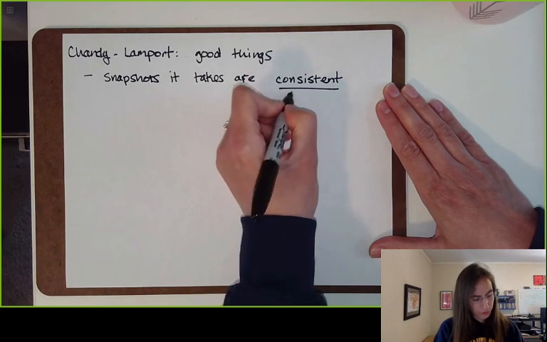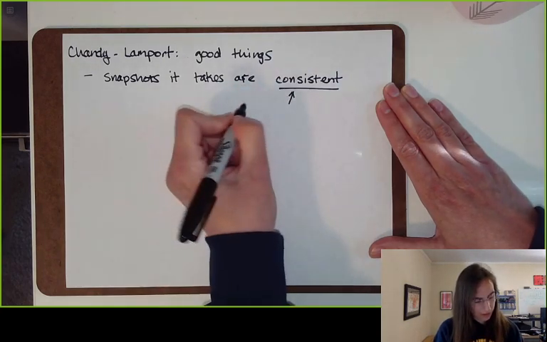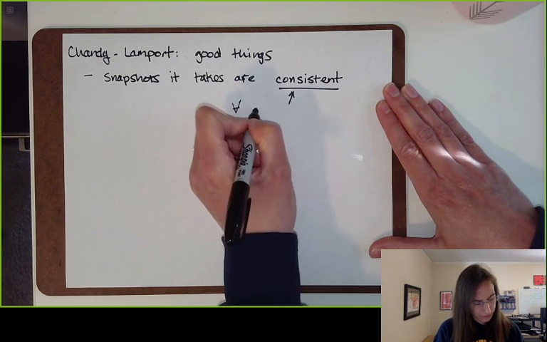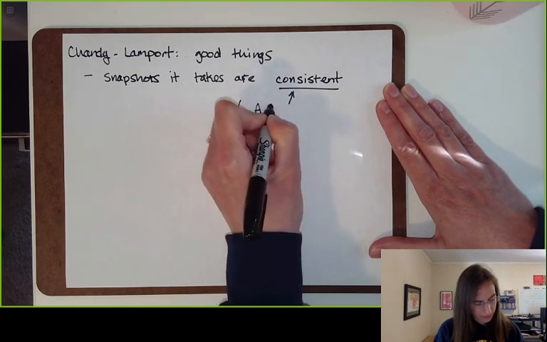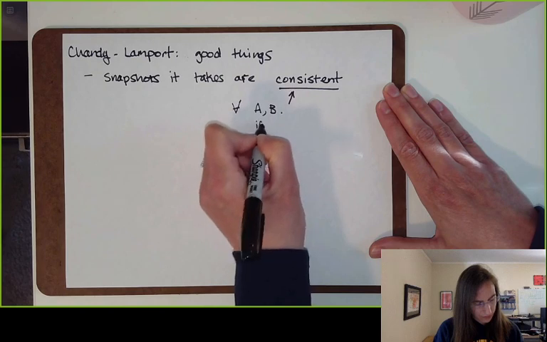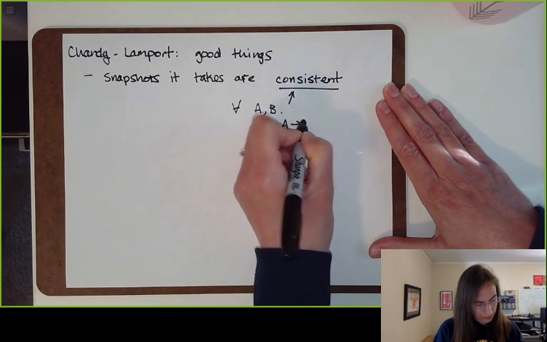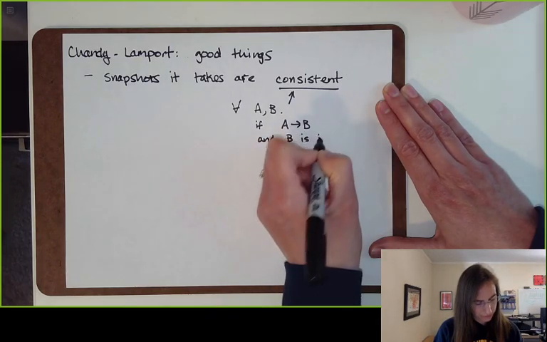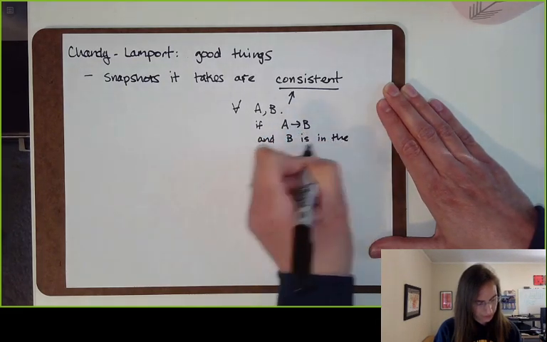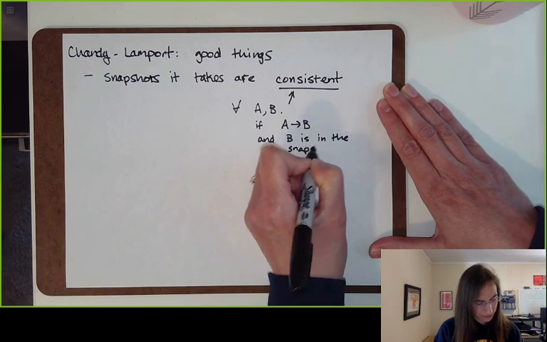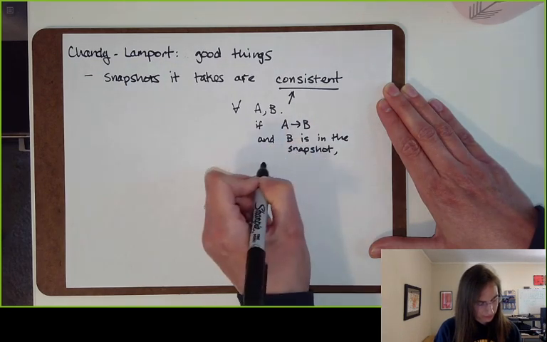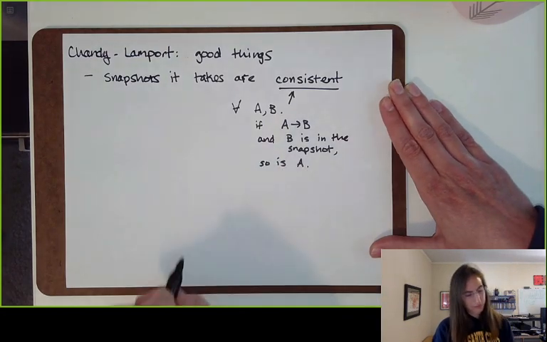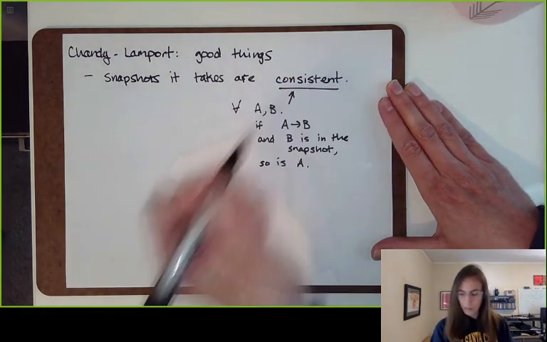And so to just refresh your memory about the meaning of that, it means that for all events A and B, if A happens before B and B is in the snapshot, so is A. So that's one good thing.